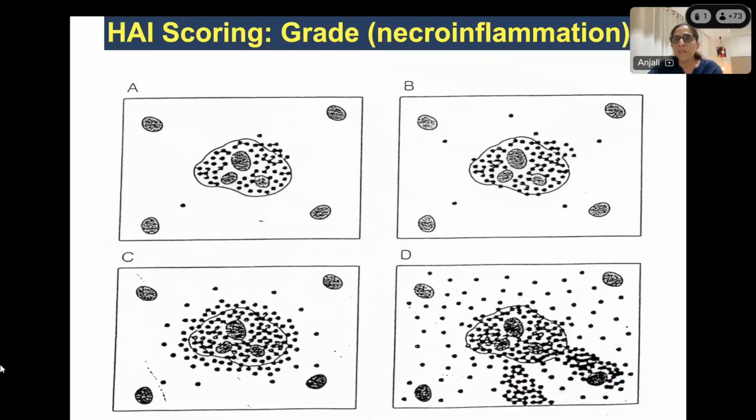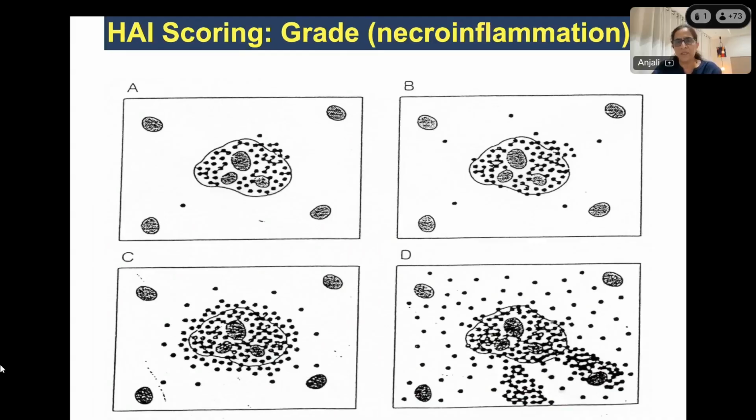Now, in these patients of chronic hepatitis, there is a scoring system for inflammation and fibrosis. This scoring system is called hepatic activity index. This is just to give you a diagrammatic presentation of grading, scoring for grade. Grade means necroinflammation. A is inflammation restricted to portal area.